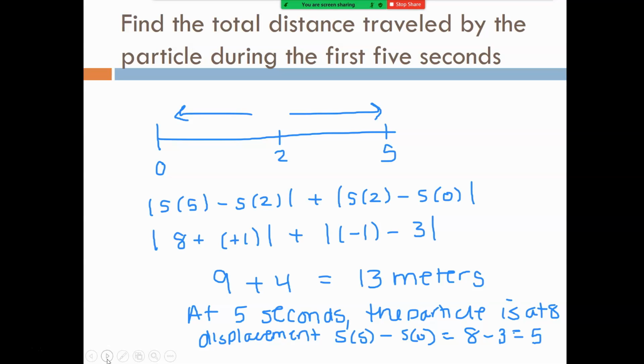So the displacement is 5 meters. The total distance is 13. And the position is 8. Does that make sense? Can we see all of the differences? Correct. 8 is the position at 5 seconds. The displacement from initial to final is 5 meters, but total distance traveled is 13.